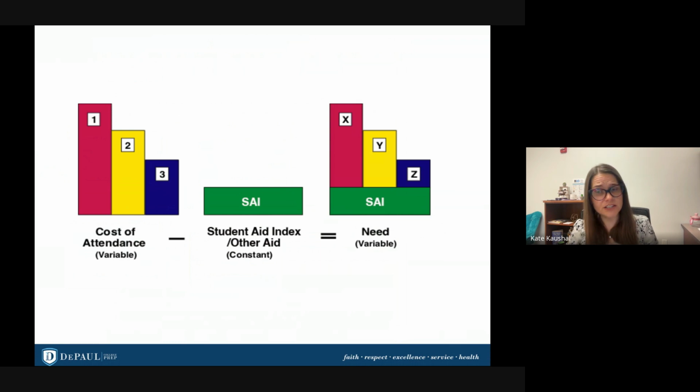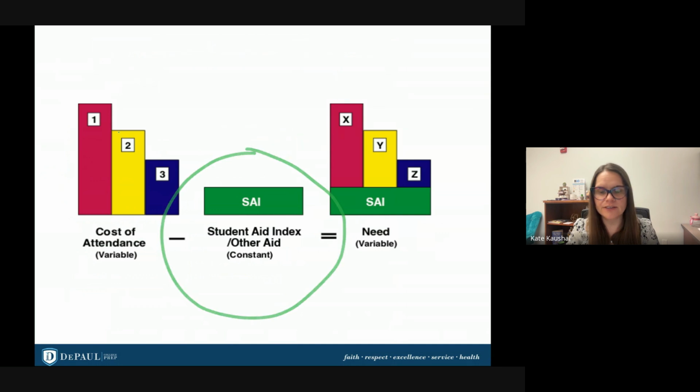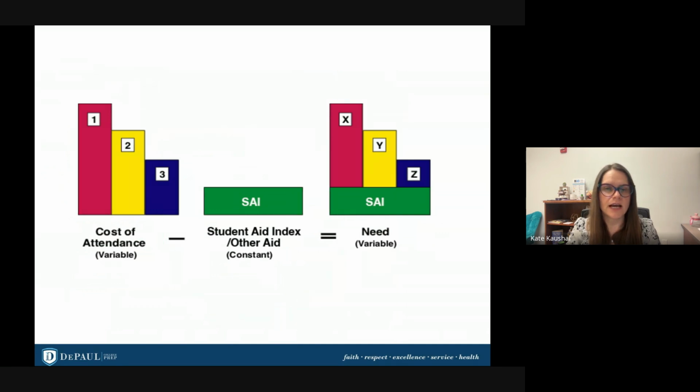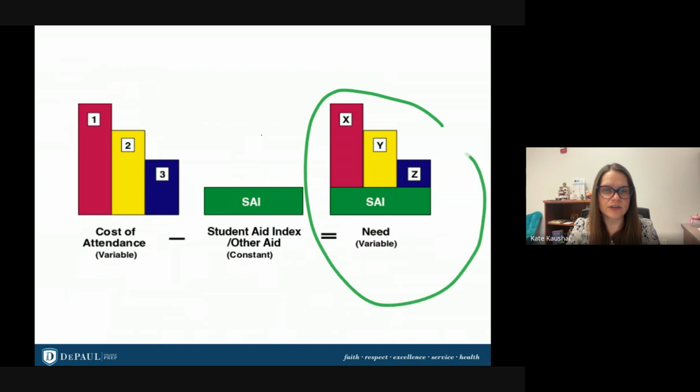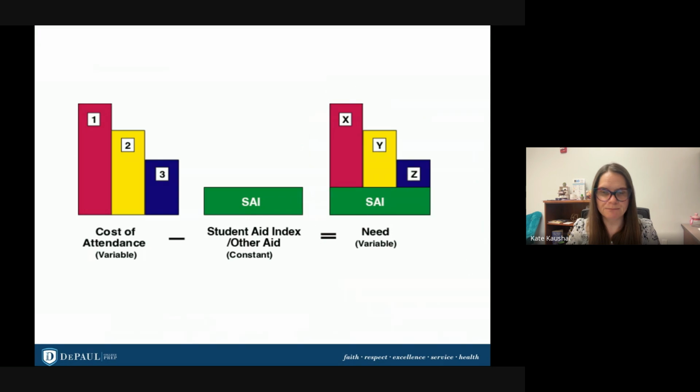And then when the colleges on the financial aid office side are looking at your SAI, they use a formula. They take the cost of attendance, that would be the tuition, fees, room and board, and estimated indirect costs. Then they subtract your SAI number, and maybe any other scholarships that they're aware of. And then they find your need. So if you're at that negative 1,500, you would have full need.